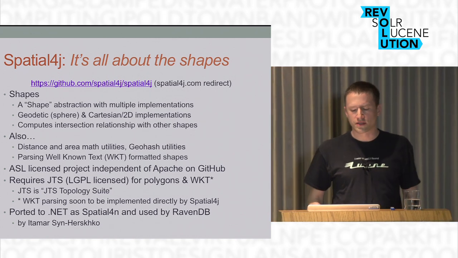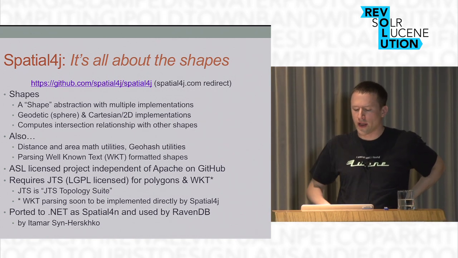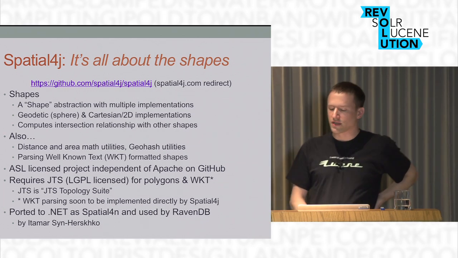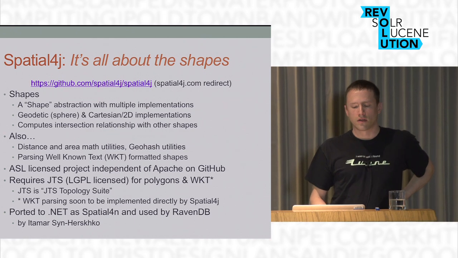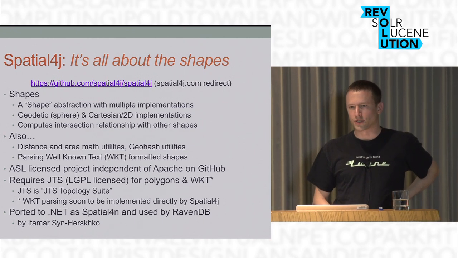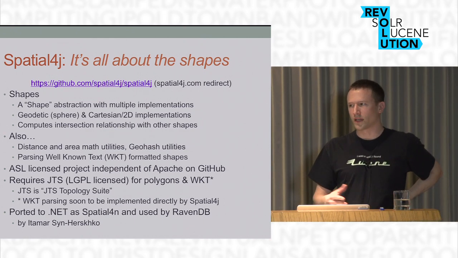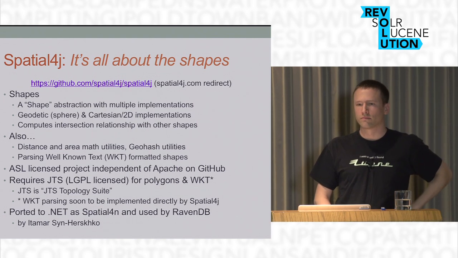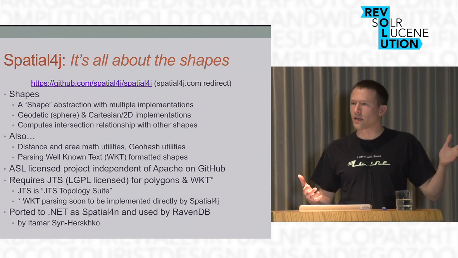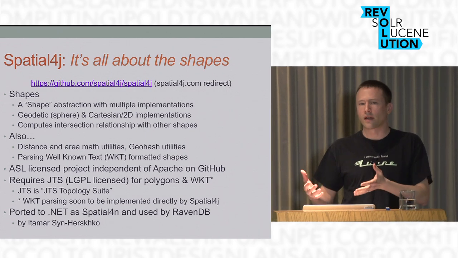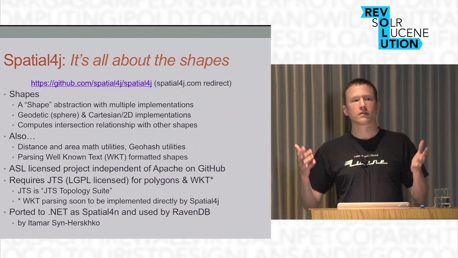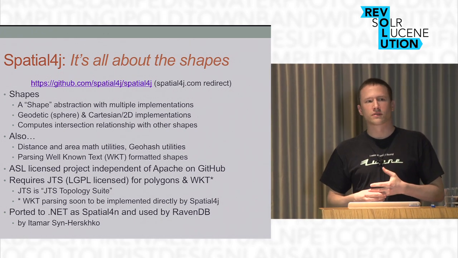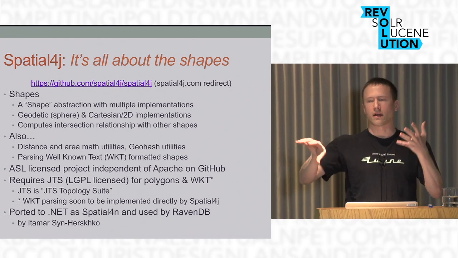Another big thing that it does is it parses WKT. The reality is that right now it uses JTS to parse WKT, but I'm working on parsing WKT as something that's built into Spatial4J. Because once I do that, I have a lot more flexibility in supporting, what if you make a new shape, like a donut shape? You'd like to be able to declare a name for that shape and what its parameters are, and then you could create it as a composite of other shapes, as a this-minus-that kind of shape.